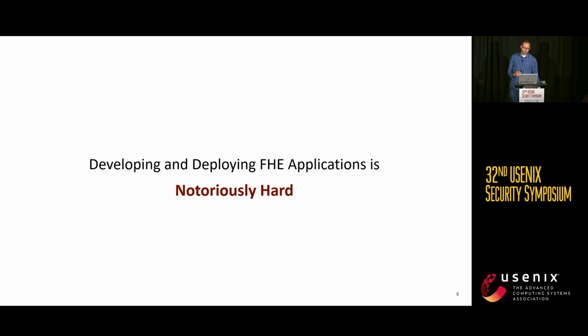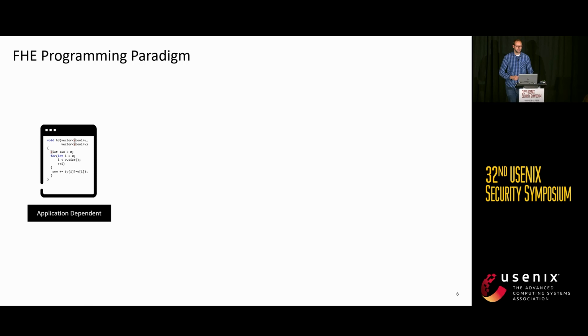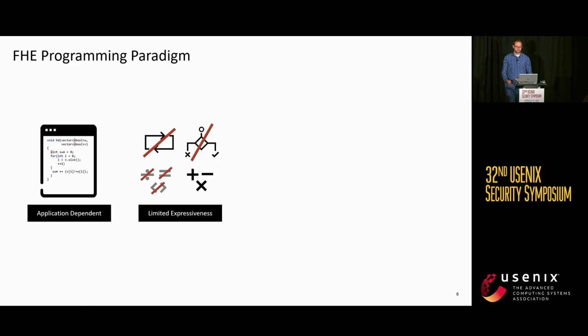And the reason why FHE is so hard is because, one, secure computation techniques inherently interleave tightly with the application logic. And so how you translate a function into a secure computation dramatically affects the performance and functionality you're going to get. FHE then also imposes a unique paradigm because it has limited expressiveness. Inherently, you just can't branch in a secure computation, and in practice, you're also limited to either binary or arithmetic circuits for the most part.